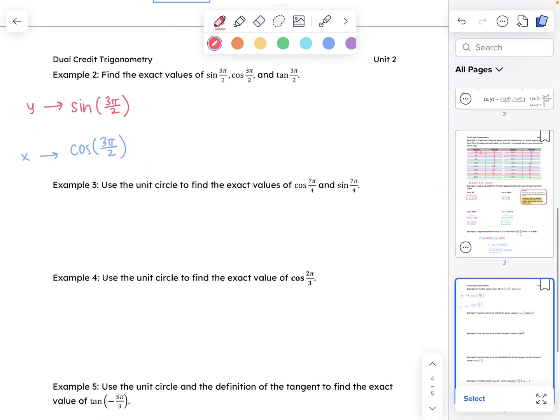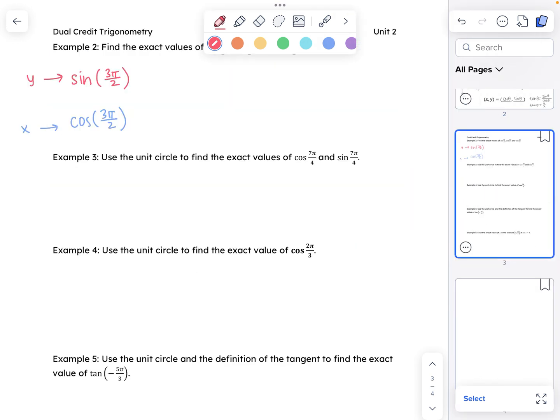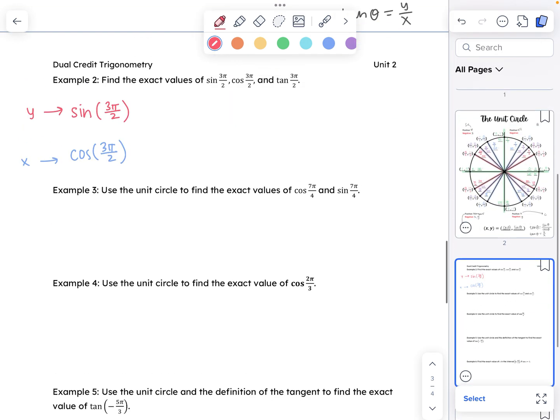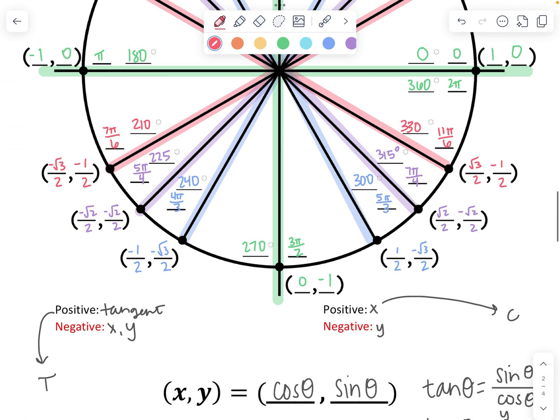I'm going to delete this page from our 3.1 notes so I don't have to keep scrolling so far. If I'm looking for 3 pi over 2, 3 pi over 2 on my unit circle is right here, down at the bottom on the y-axis. So I've got my point, it's 0, -1.